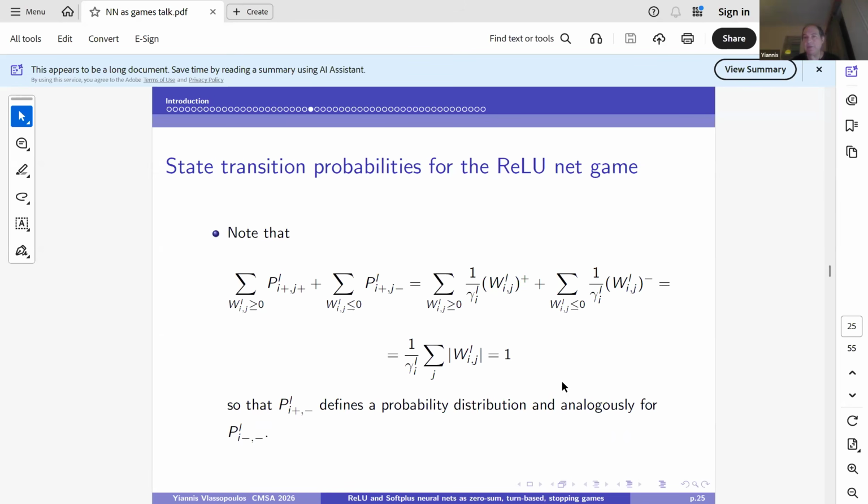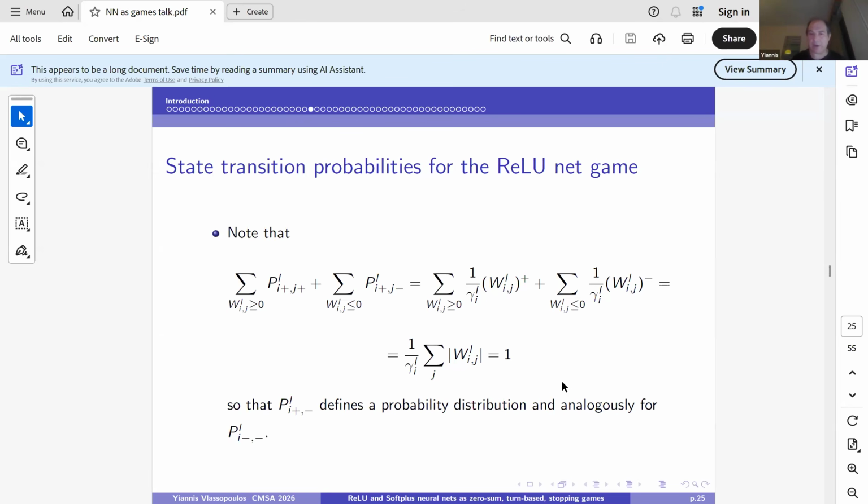And this just checks that this normalization works exactly as we want. If you start at I plus, you can go to any J plus or any J minus, and the probabilities for going to either one of those add up to 1. It's very important to always normalize the probabilities, because that's how you get the connection with paths. Actually, when you try to work all this out, you see that the only thing to make this actually a path integral, depending on paths, is that you need to normalize your probabilities.